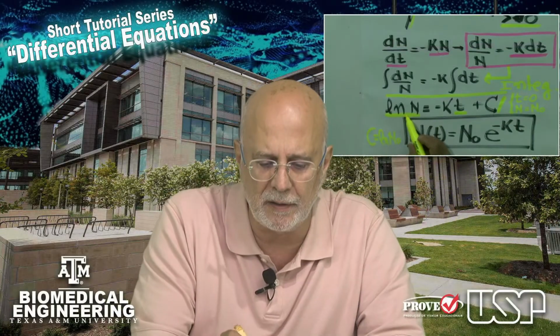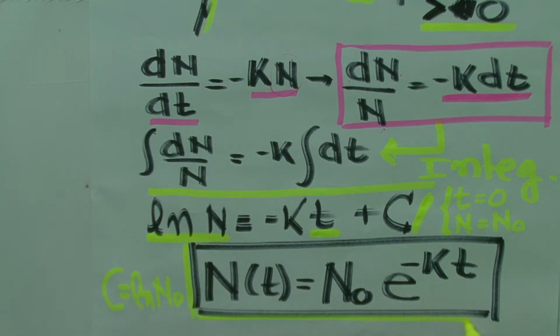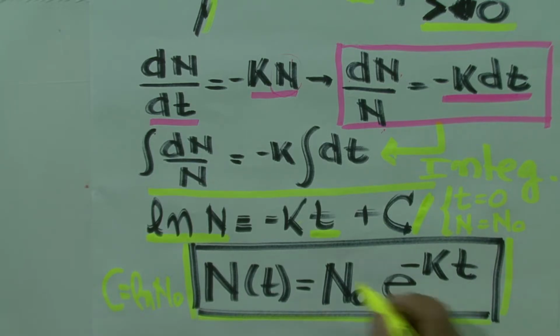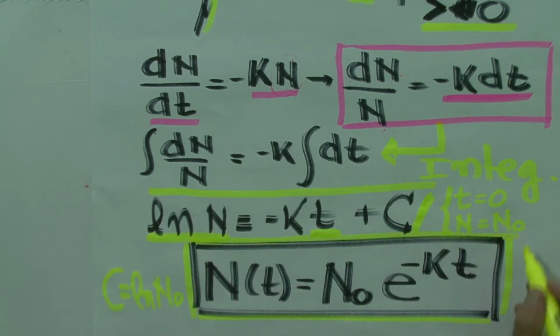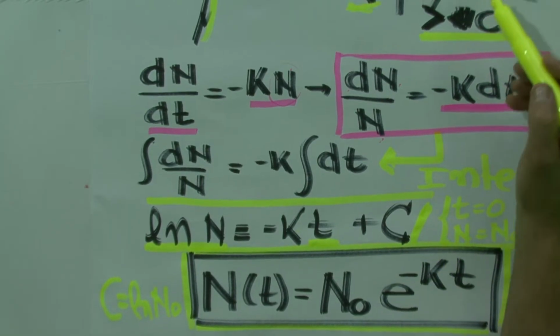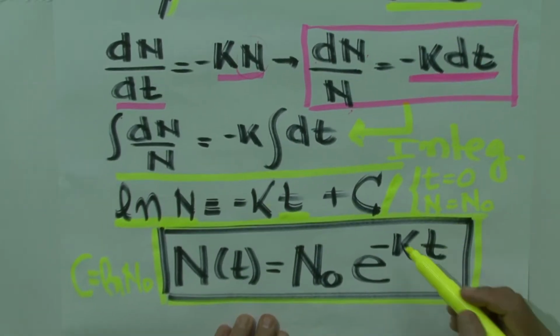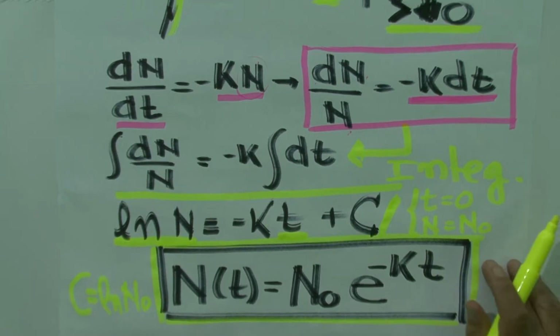Therefore, by inverting the logarithm, which is an easy operation to do, I get the total number as a function of time. The total number of particles as a function of time is an exponential, which has as an exponent this constant here, right? The constant that appears here, which has units of the inverse of time.